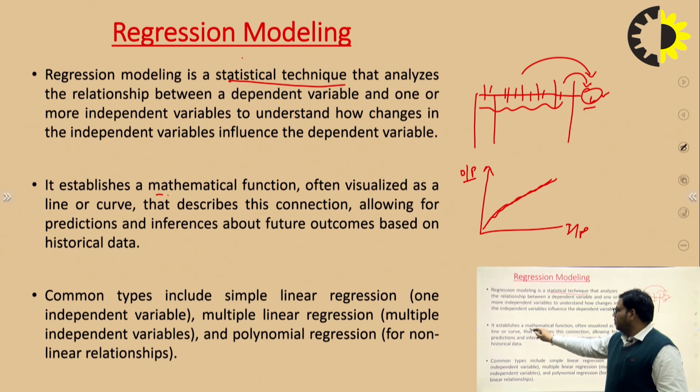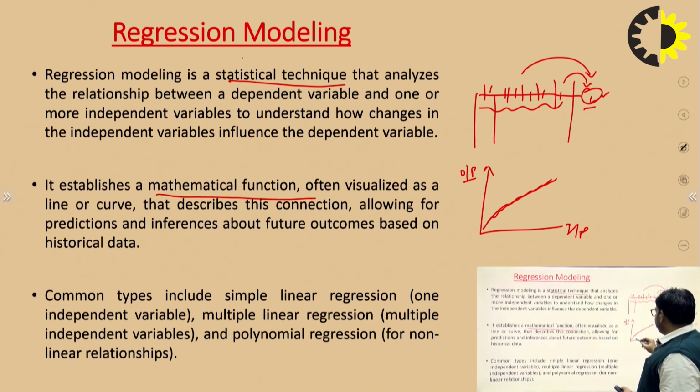So it establishes a mathematical function. Graphically, we can see it in the form of a curve, but we can also write a mathematical function. Suppose this is y and this is x, so we can have y as a function of x. Suppose a0 is the coefficient, we can derive y.